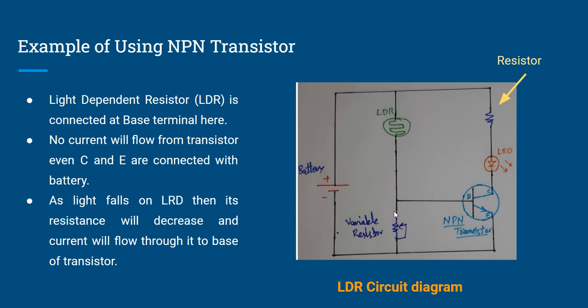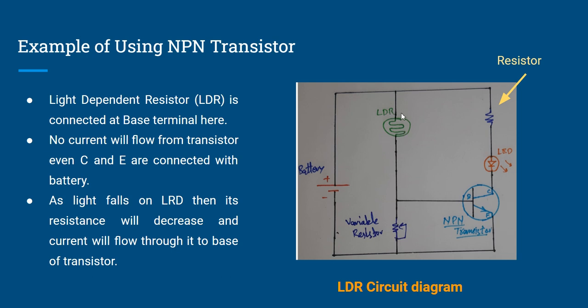In daytime, this light dependent resistor's resistivity will decrease, and it will allow the current to pass through it and go to the base. At night it will have a very high resistance and will not allow current to pass, so this will happen only in daytime. At night this LED will not glow.